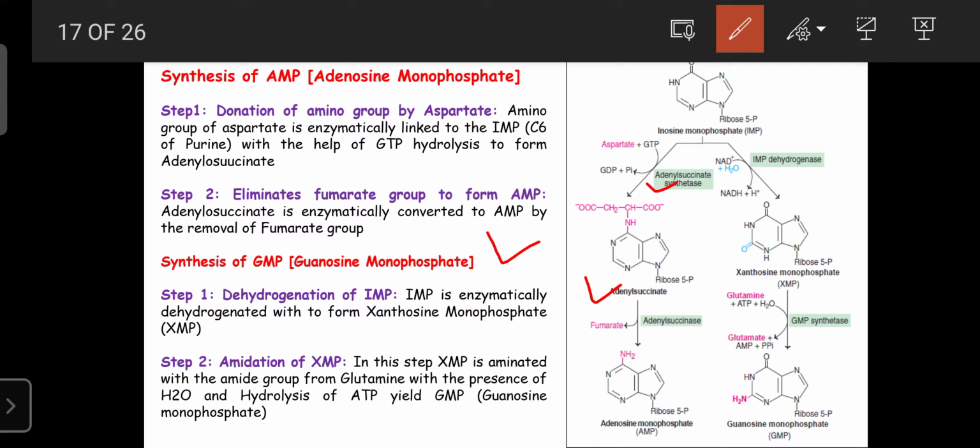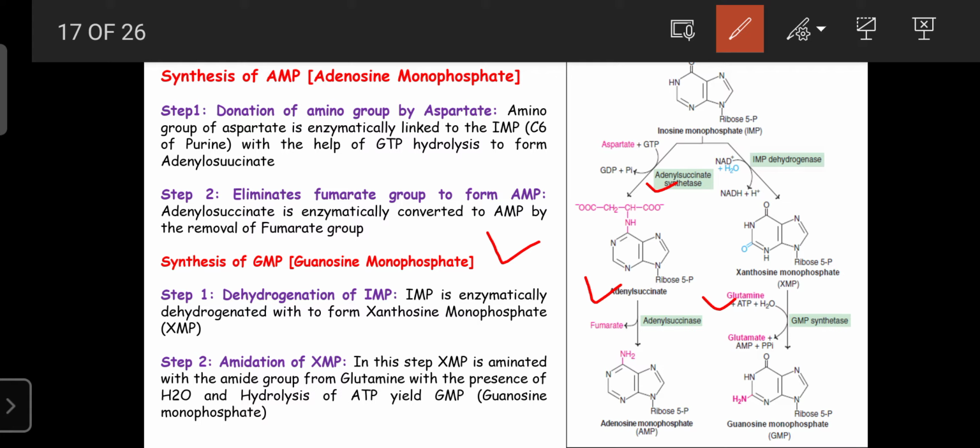So IMP is converted into XMP, that is xanthosine monophosphate, which is regulated by IMP dehydrogenase, utilizing NAD and water and forming NADH plus and xanthosine monophosphate, also known as XMP. Further, the GMP synthetase enzyme, in the presence of glutamine, ATP and water, converts XMP into guanosine monophosphate, that is GMP.